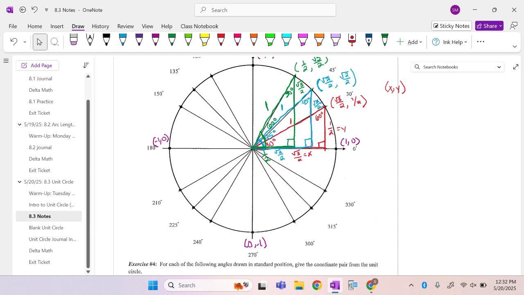So if I drew a triangle right here at 120, what type of angle would be right here specifically? So from 180 to 120, how many degrees is that? 60. So that means it would match which triangle over here? The green, the blue, or the red? The green. So what configuration point do you think I'm going to have?